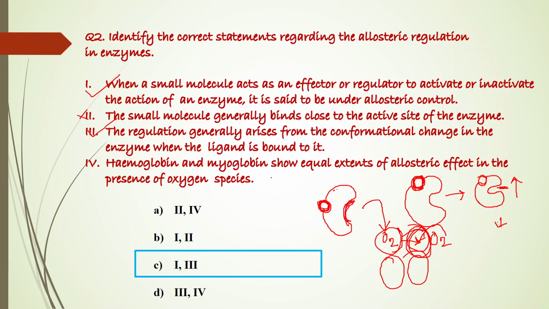But in the case of myoglobin, this will not happen because myoglobin is a single unit protein, not 4 subunits, so it only binds one oxygen molecule. So there is no allosteric effect in myoglobin. Our option 4 was also incorrect.